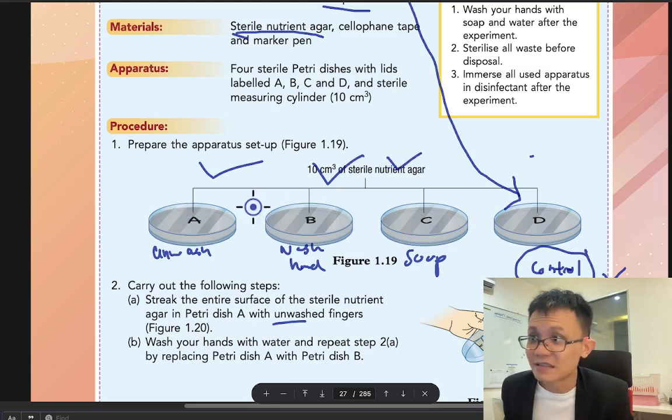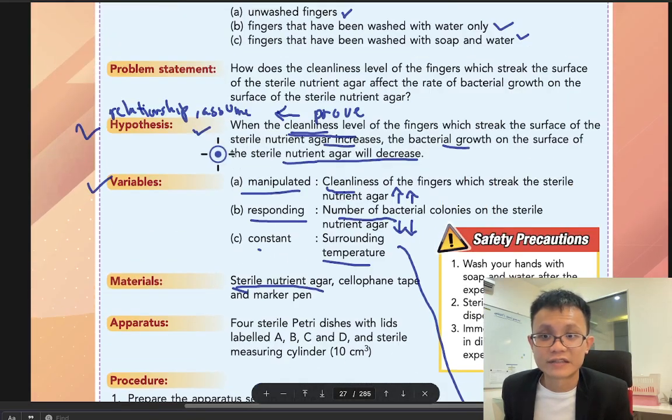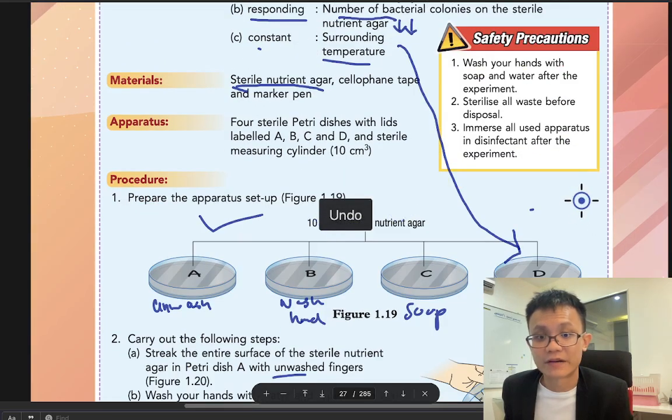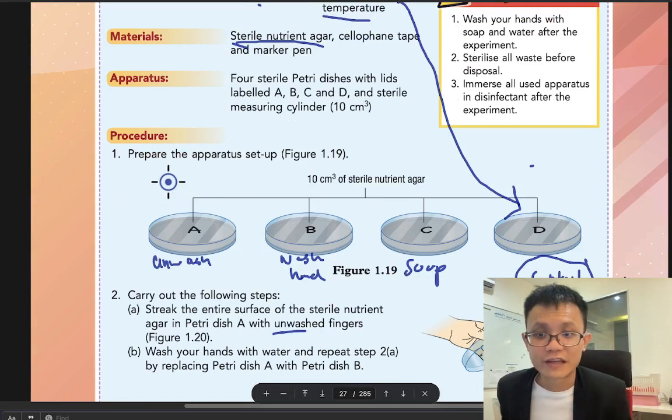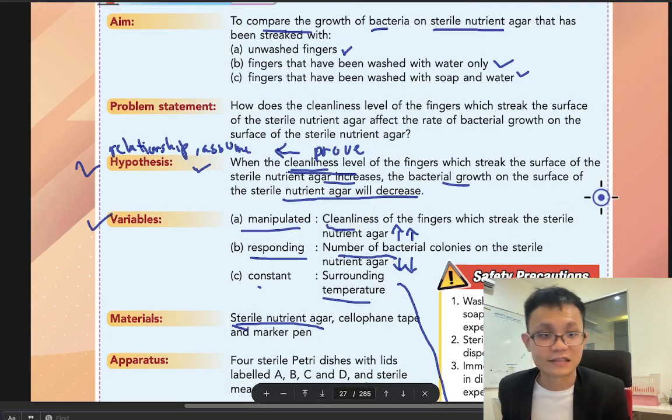If 3 of these have bacteria, it means the hypothesis needs to be rejected, it's wrong. It means that if the hand is clean, it does not relate to the growth of bacteria. So you need to do the experiment. Of course in our heart we know that usually here is more bacteria, less bacteria, no bacteria. So it proves the hypothesis is correct after we do the experiment.